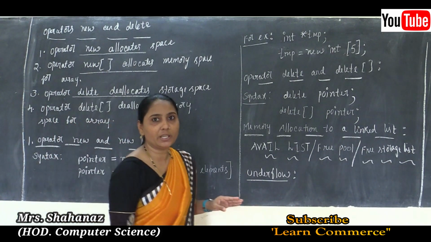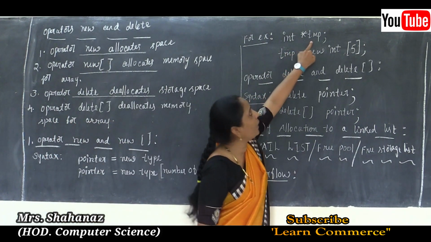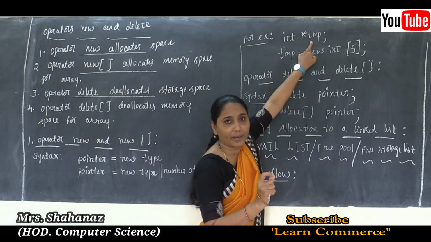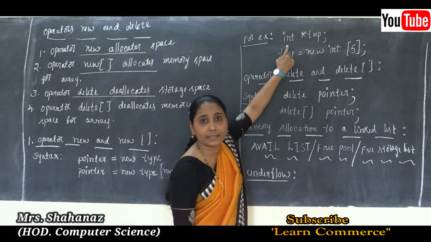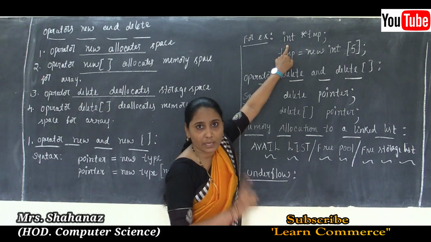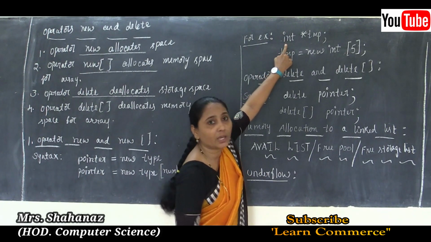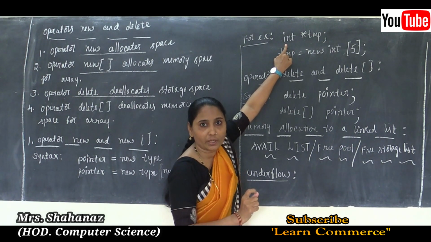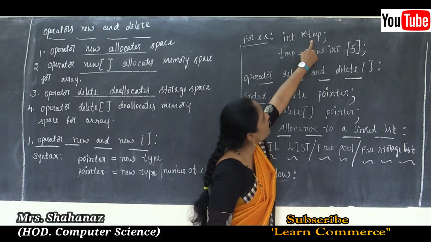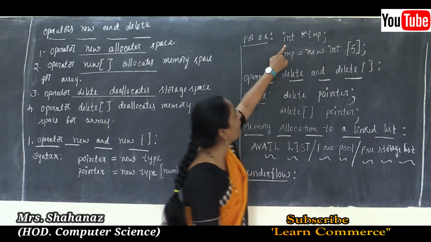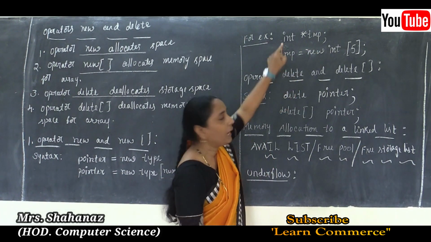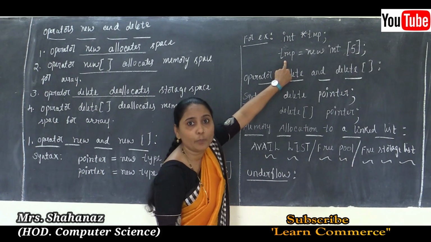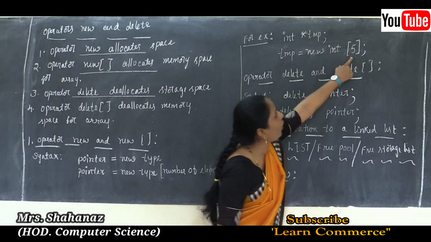The first expression is used to allocate memory only for a single element of the required data type. That means the first expression only allocates the memory space to contain a single element of the required data type, and the second expression allocates the memory space for a block of elements.